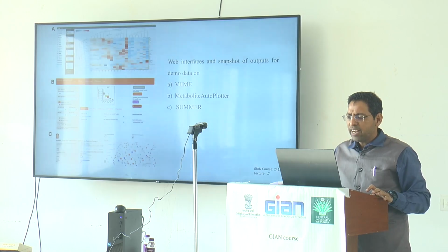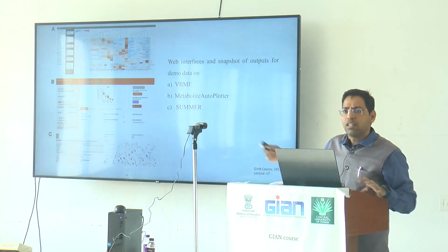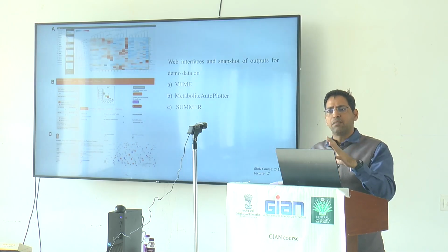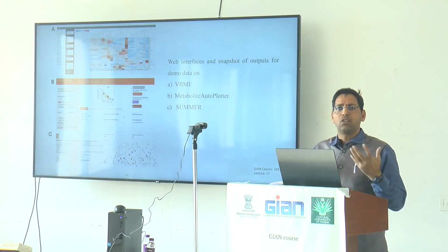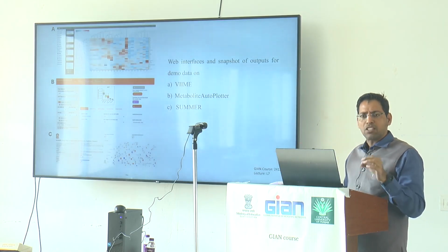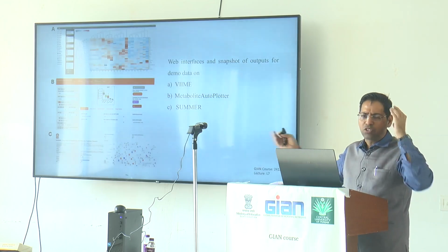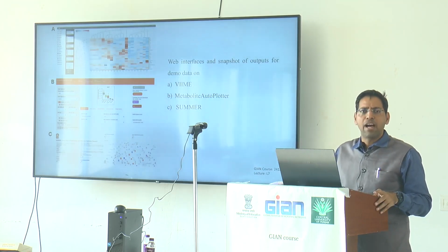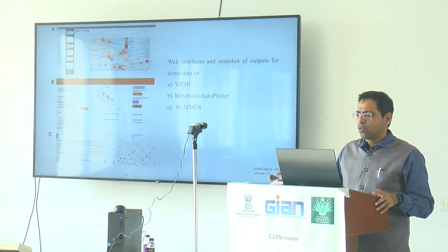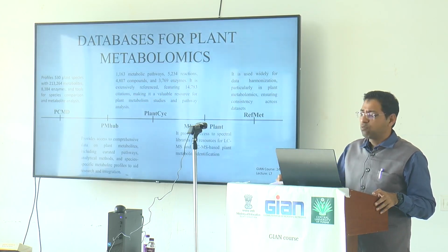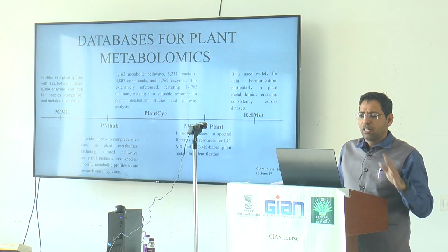And the third one is Summer. Summer gives sizes based upon their quantification, so some are small, some are big. You can find such types of visualization by using the Summer platform. So these are the databases for plant metabolomics which exist till today.